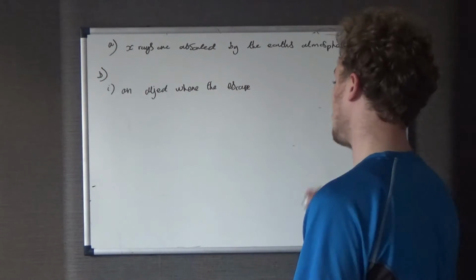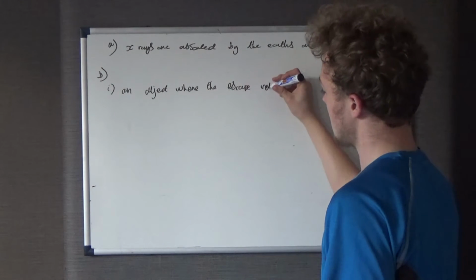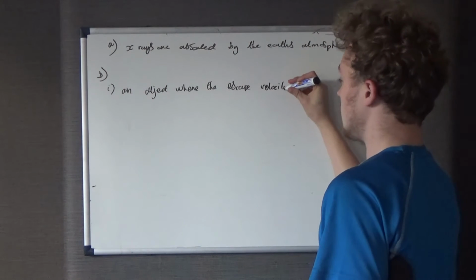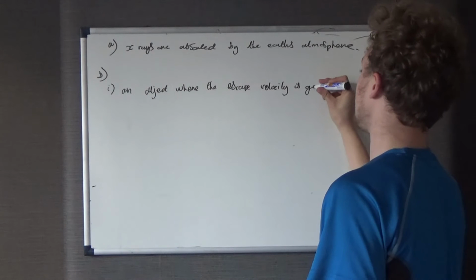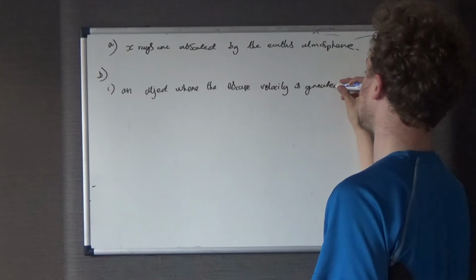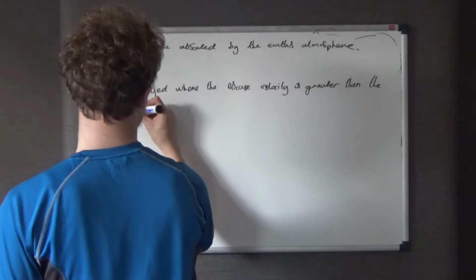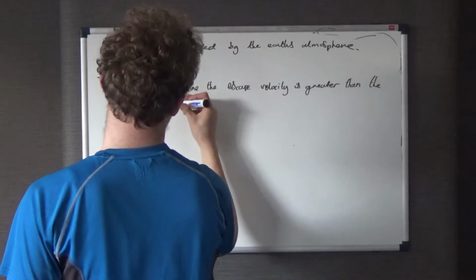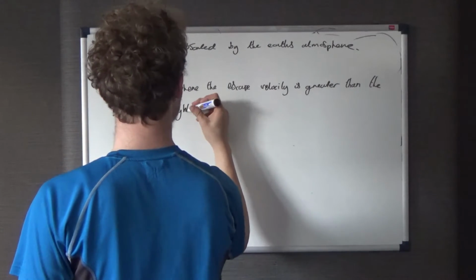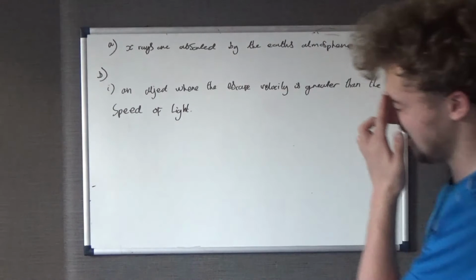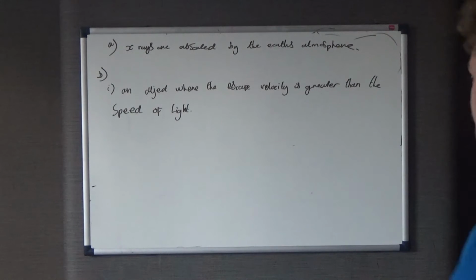You just need to put an object where the escape velocity is greater than the speed of light. Okay, so that's all you need to put for B part 1.